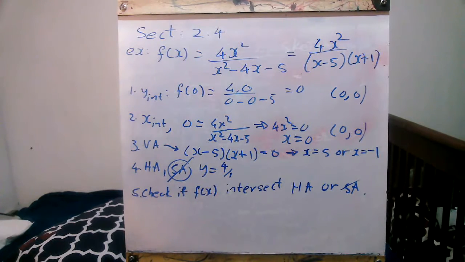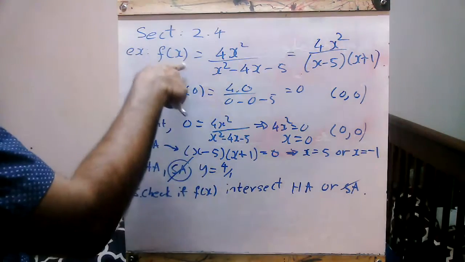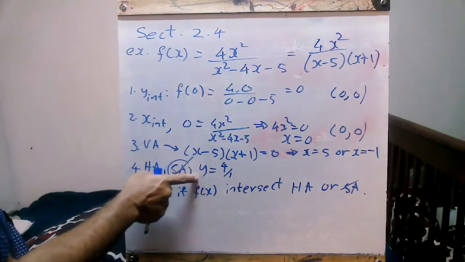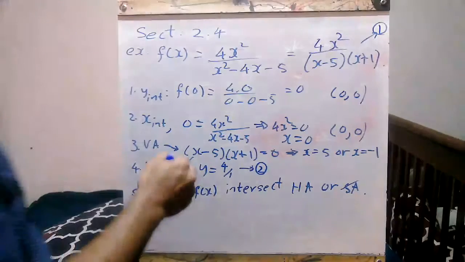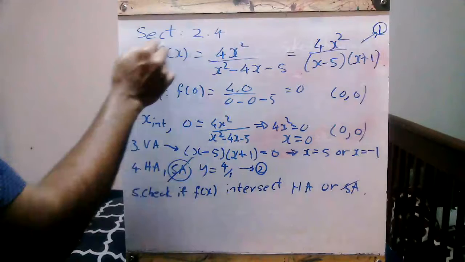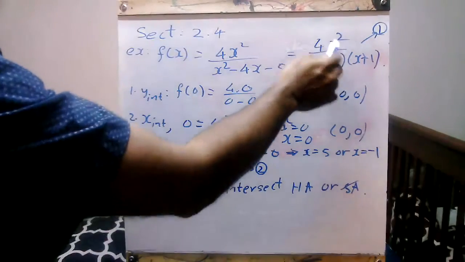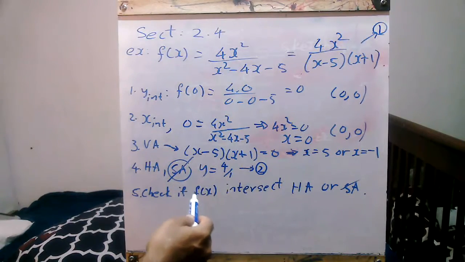The horizontal asymptote is what? y equals 4, right? To find the intersection point, we have to solve this equation and this equation. I number this 1 and this is 2. When they intersect, their y values, here y is f(x), here y is y, should be the same. When f(x) equals y, the right side of this equation should equal the right side of number 2.